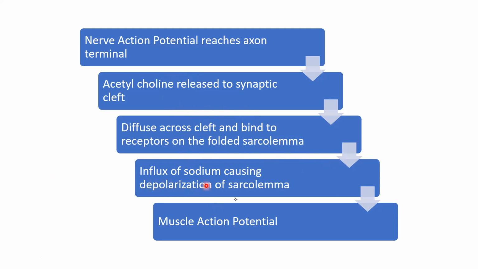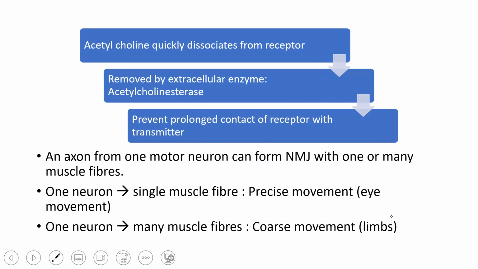And there's an influx of sodium causing depolarization of the sarcolemma, and this leads to the muscle action potential, which is release of calcium from the smooth endoplasmic reticulum, leading to the contraction between the actin and myosin filaments. Here, the acetylcholine dissociates from the receptor and is removed by the acetylcholine esterase enzyme.